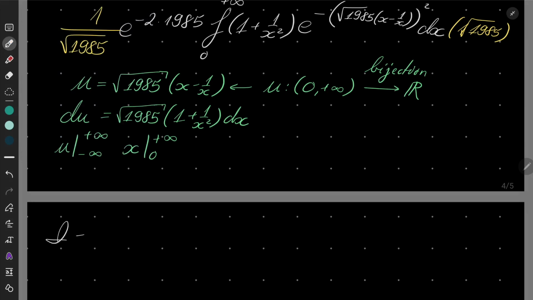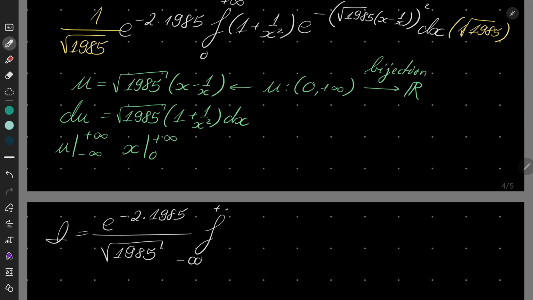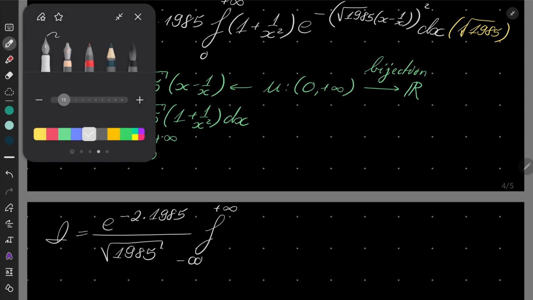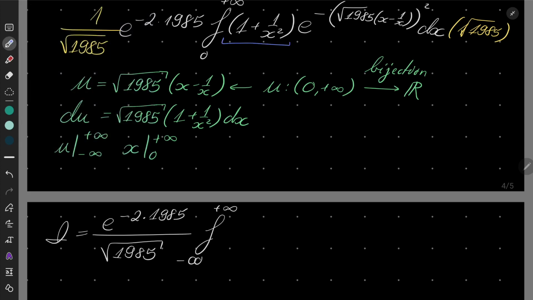Our integral is e to the power 2 times 1985 over the square root of 1985, integral from minus infinity to plus infinity. And this and this is exactly du. And this part becomes e to the power minus u squared.